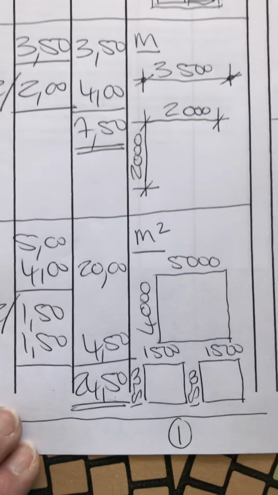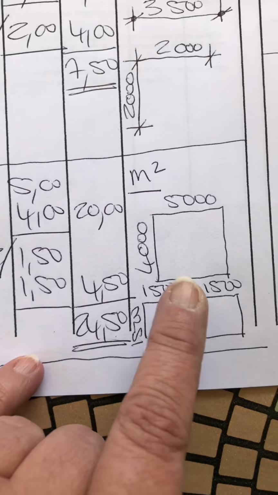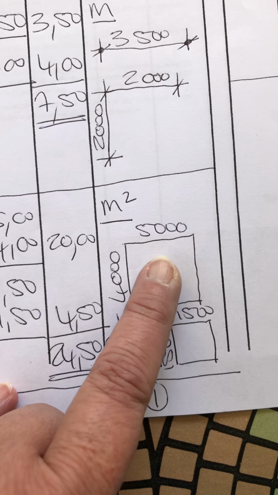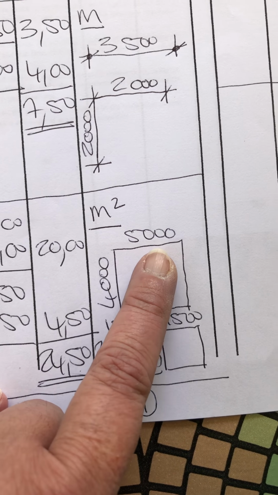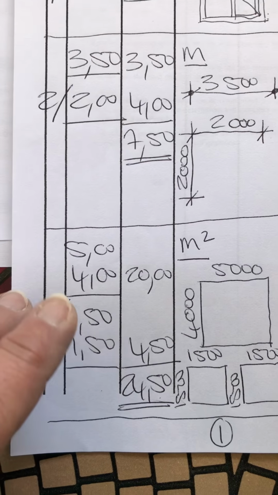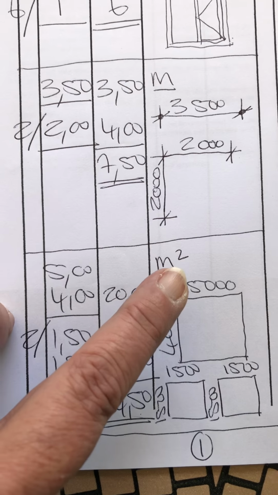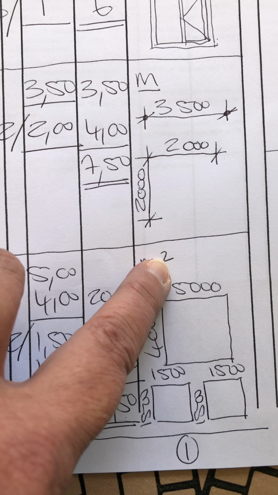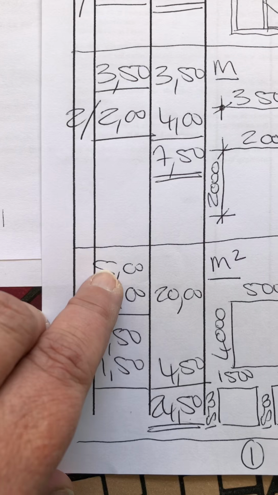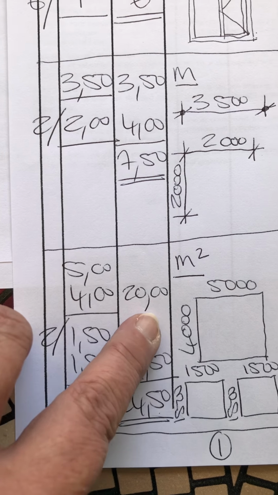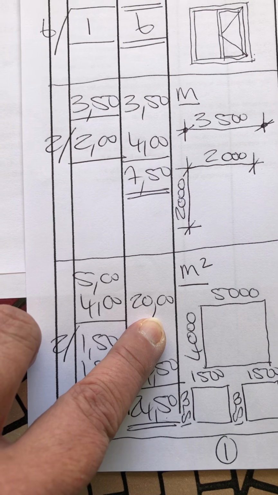Let's go to our square meter one. For instance, I've got a rectangle or a block here that's got measurements of 5000 and 4000. If I want to write my square meter dimensions, I need 2 dimensions. So I've got 5 times 4 to get equals 20.00.